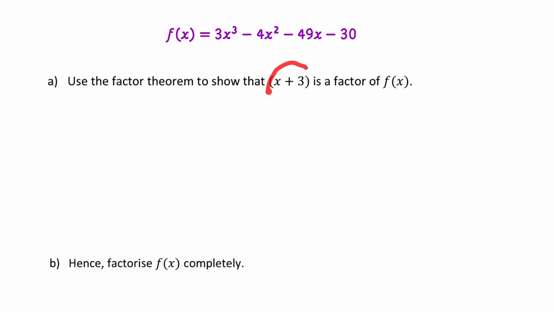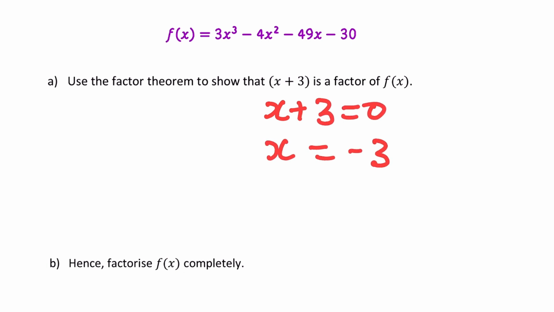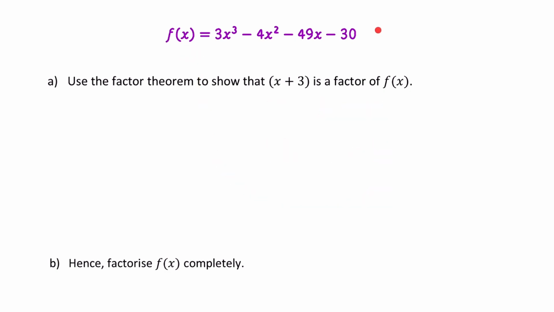To do that, we substitute x equals negative 3. If x plus 3 equals 0, then x is negative 3. We substitute negative 3 into f of x and check: do we get 0? If we get 0, that means there's no remainder and x plus 3 is a factor.